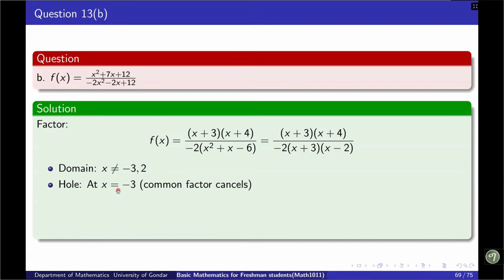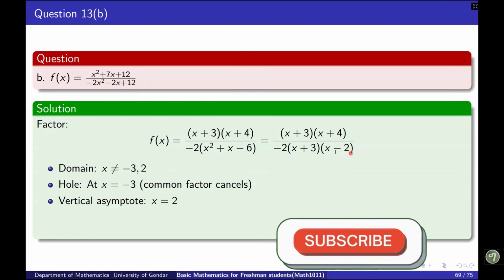At x equal to negative 3, because the common factors can be cancelled, x equal to negative 3 cannot be a vertical asymptote; rather, we will put a hole at x equal to negative 3 in the simplified form. Then the vertical asymptote is only this one, which is irremovable, that is, x equal to 2.